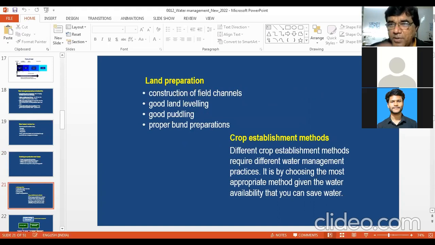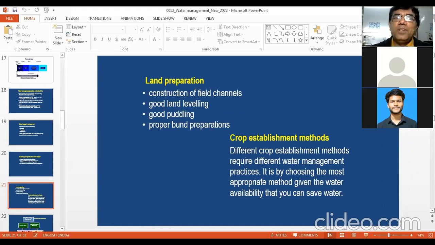Now, for example, how can land preparation help in reducing water losses from paddy field? Construction of field channels. So field channel preparation is a good idea. If you want to apply water, then apply through channels. Many times if you have larger areas, the farmer will first apply water to one field, and from the same field he will connect to another field, and to another field, and suppose suddenly his water supply is cut due to electricity issues or some other issues, then again he will restart from field 1, then field 1 to 2.